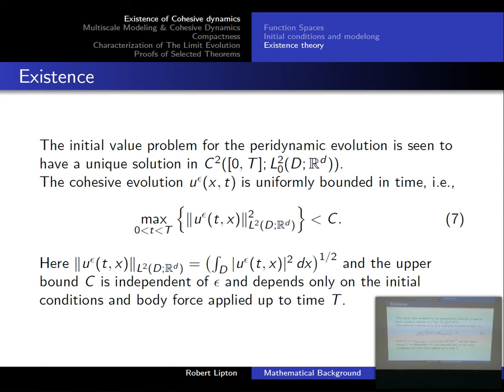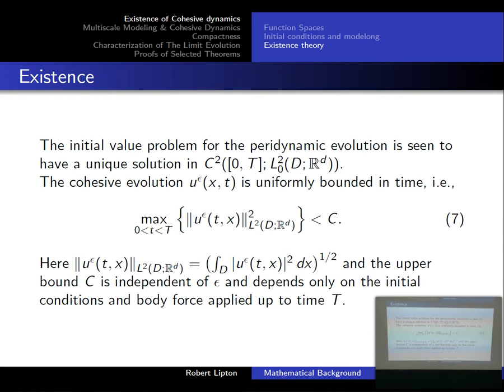So, existence theory: the initial value problem for the peridynamic evolution, and we'll actually prove it. It's a very, very quick proof. It has a unique solution in the space of C2 maps from 0 to T in time into the space L2, 0. Okay, so that's the deformation for each t. This is a C2 map into the functions L2, 0 here.